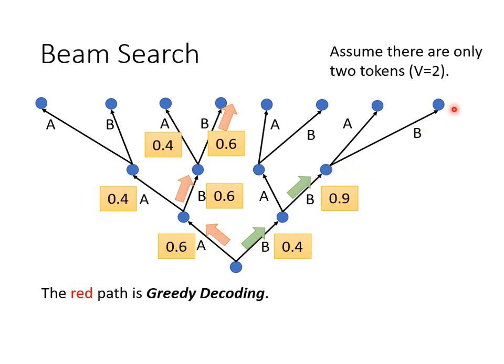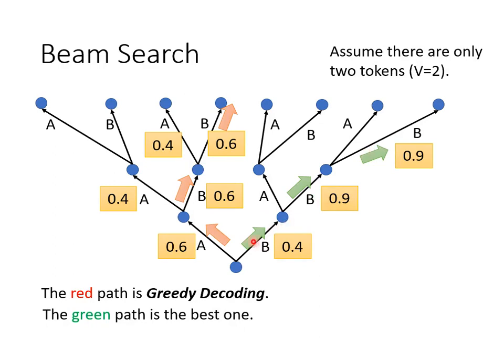And for the next 3 steps, the probabilities of B are also 0.9. When we compare the red route with the green route, we can see that even though we chose a slightly worse output in the first step, the overall outcome of the green route seems to be better than the red route. We didn't choose the optimal route in the first step, right? However, the result seems to be better.